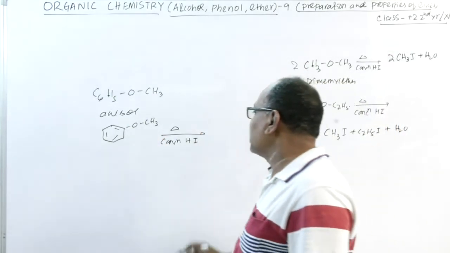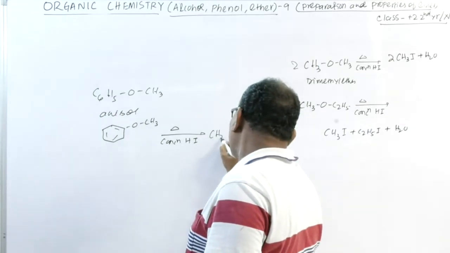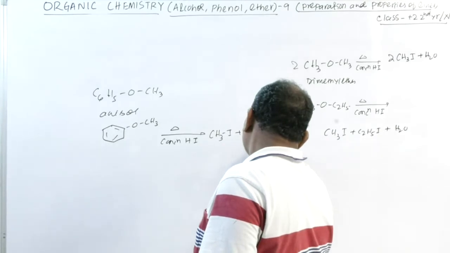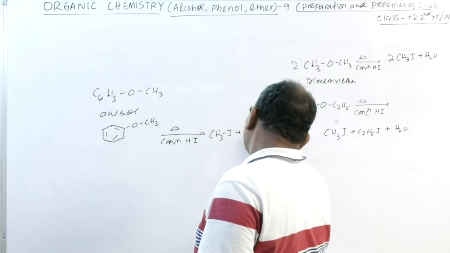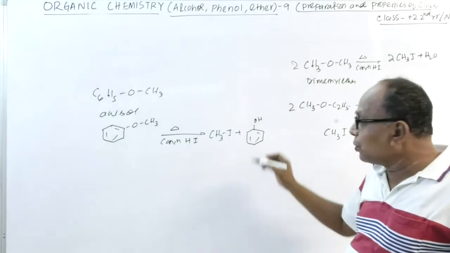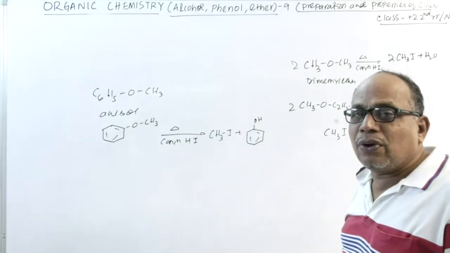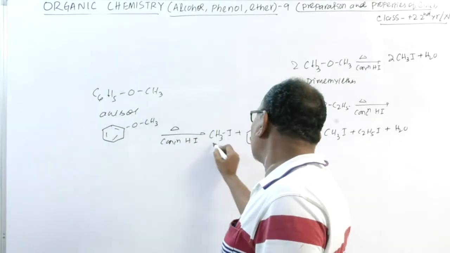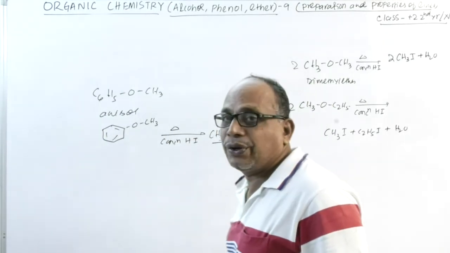So it gives only methyl iodide plus phenol, and phenol does not react further with HI. This gives a mixture of methyl iodide and phenol.